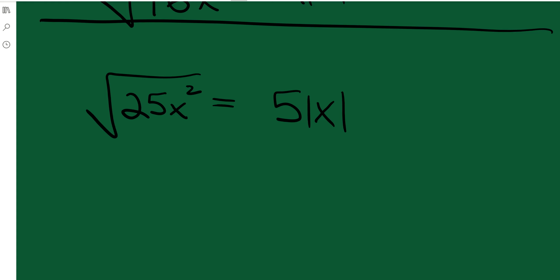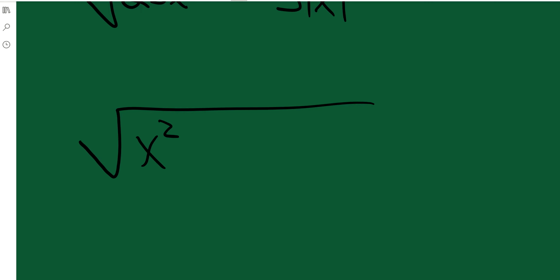Okay, so I think I finished saying what I'm saying, so we'll move on to the next one, which is going to be the square root of x squared plus 10x plus 25. Okay, so now I've got to factor this.